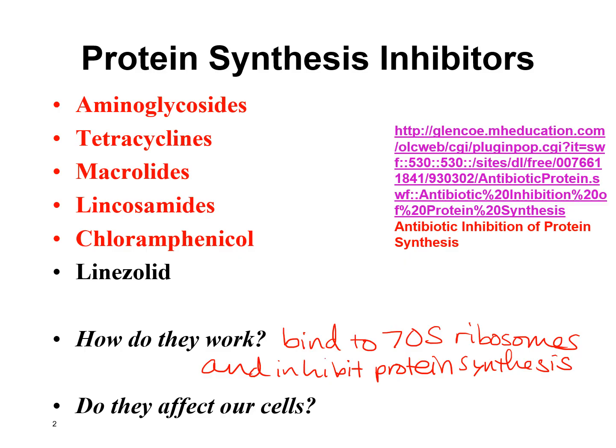The next question I would also note for the exam: do these antibiotics affect our cells? They don't affect eukaryotic cells because our cells have 80S ribosomes, and these antibiotics do not bind to 80S ribosomes.